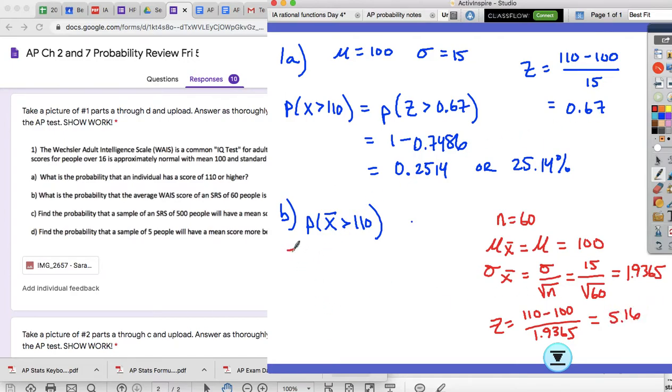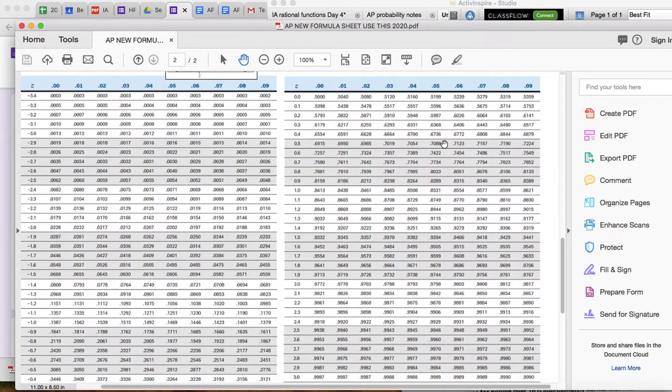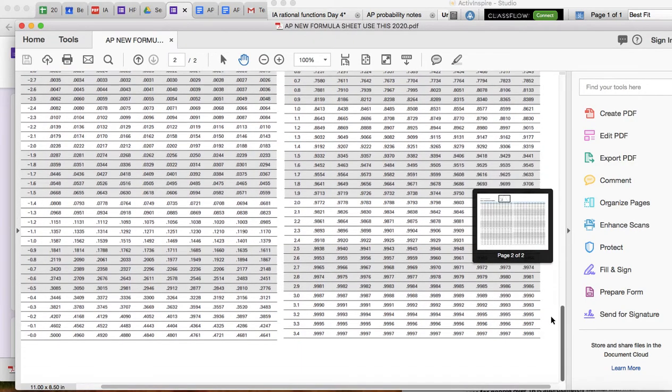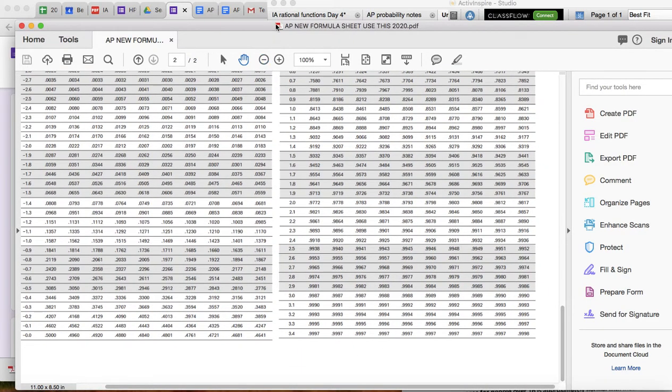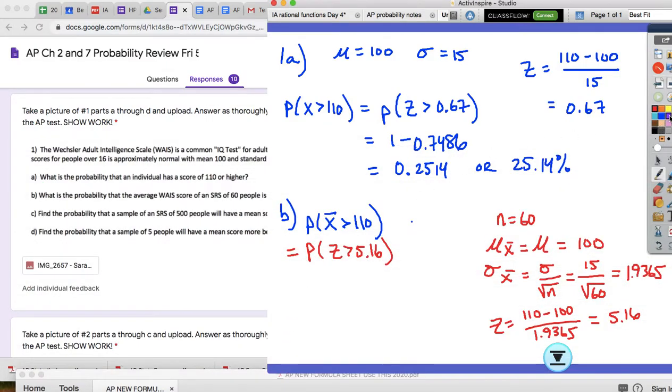So this is going to equal the probability of my z-score being greater than 5.16. Now when you go to look that up on your chart, you're going to notice that it's off the charts.